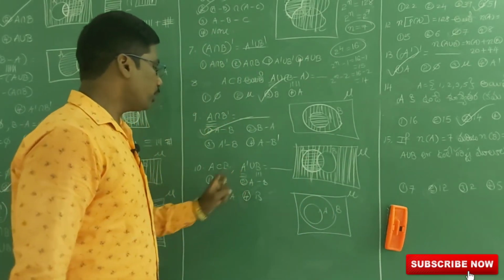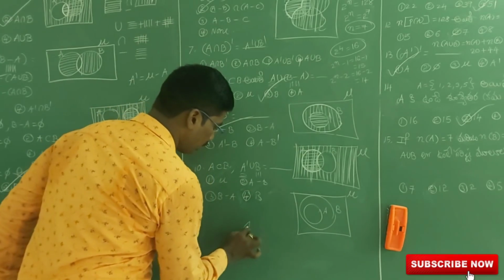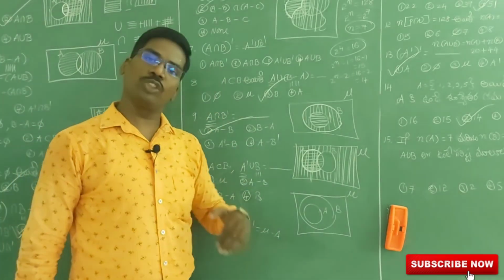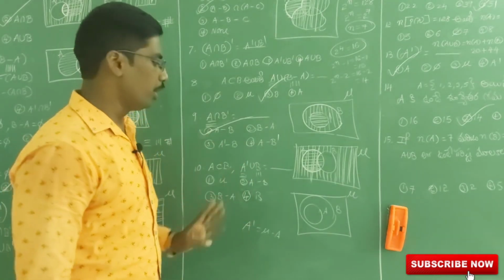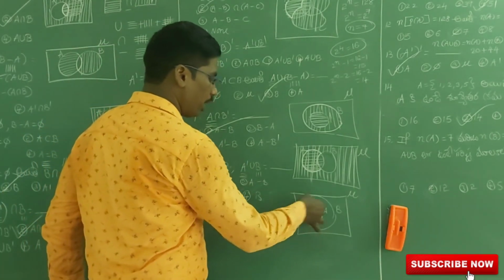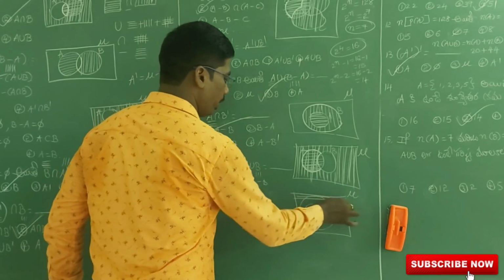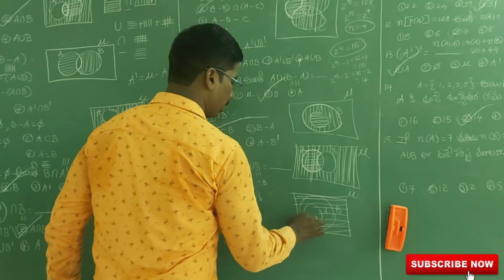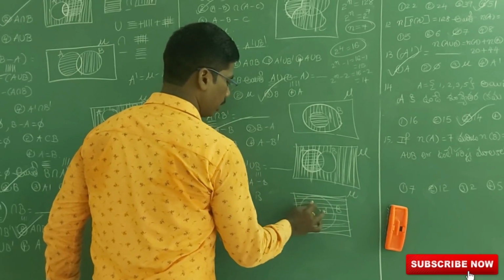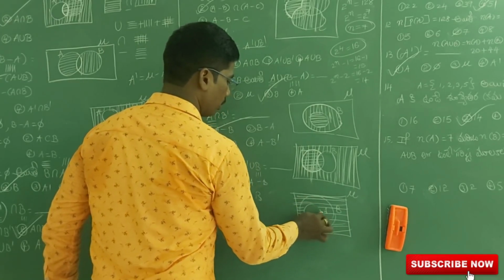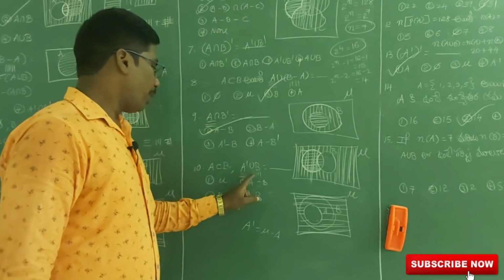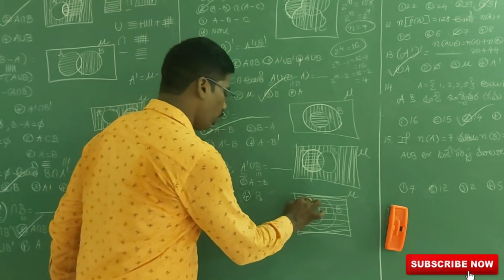Okay, A dash means what? mu minus A. A dash is equal to mu minus A. Means the elements should not be present in A and should be present anywhere else. So everything outside A should be horizontal lines, including mu. Now for B, only vertical lines.